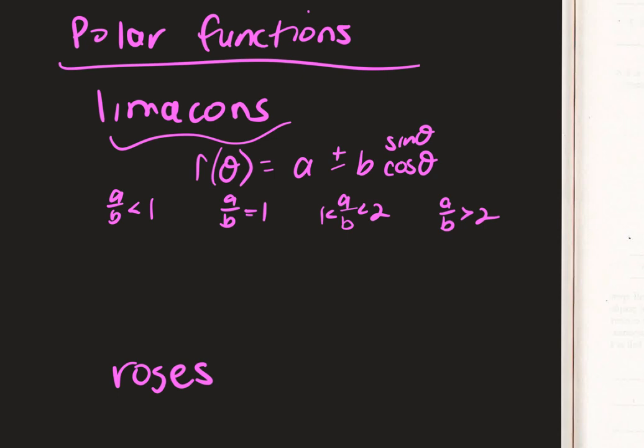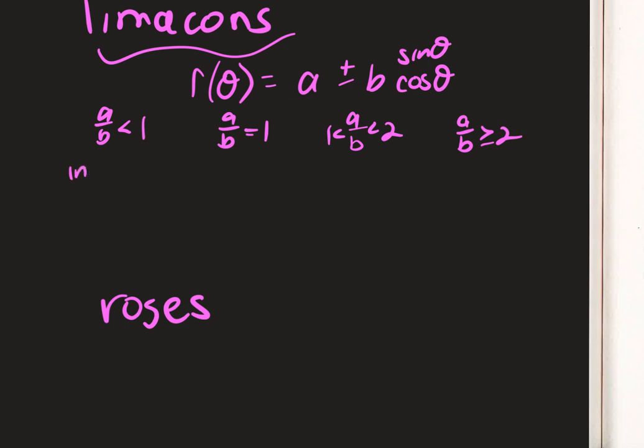Greater than or equal to. Thank you. That one's the equal to, and that one's the 1. Yes. And this is your inner loop. This is your heart-shaped or your cardioid. And this is your dimpled. And this is convex.